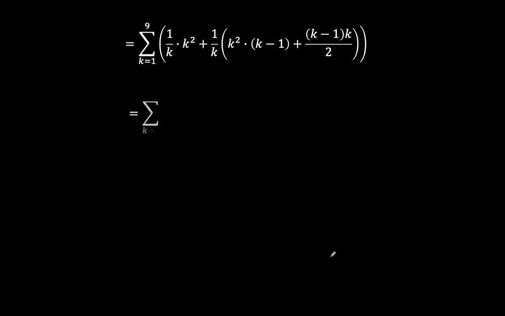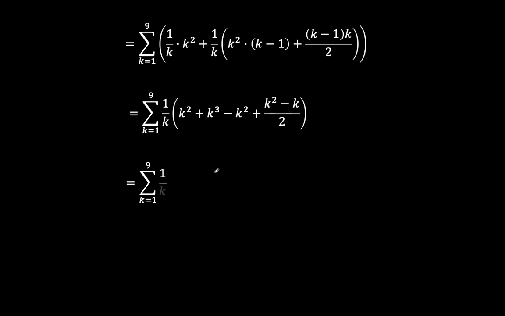And so we continue by saying now this is 1 over k because we pulled out 1 over k, this 1 over k and this 1 over k out. And we have now k squared plus k squared times k is k cubed, minus k squared times this negative 1 is minus k squared plus k squared minus k over 2. 1 over k, so we multiply 2 across, and then we have it all divided by 2.